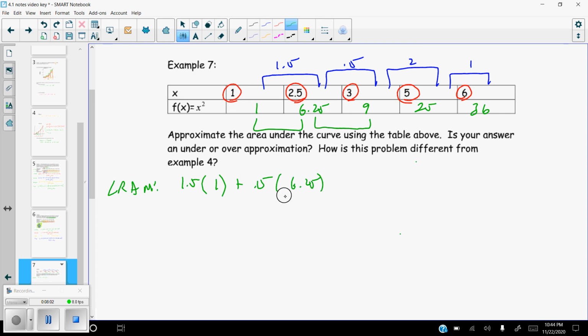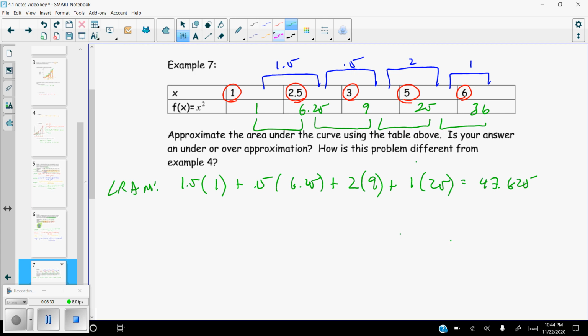Not 0.625, 6.25. Then the third rectangle, the base is 2 and the upper left-hand height is 9. And then the last rectangle, the base is 1, and the upper left-hand height is 25. So if we take all that and add it up, we get 47.625, I believe, if I did it correctly. Again, plug that stuff in your calculator, you should be able to get that.